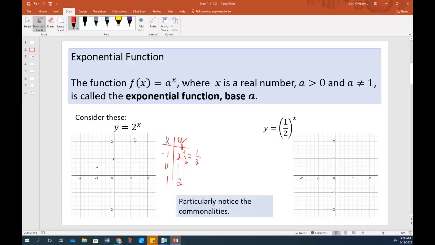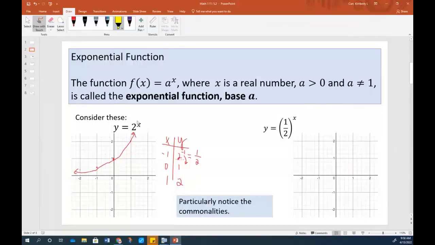We know it won't really be smooth when I do it, but that's what it would be, because actually if I plugged in a -2, then this would be 1/4. So it would be right here. We know that this should be a nice smooth curve, but there's the idea of it. Also, it levels off because this thing is never going to equal 0.